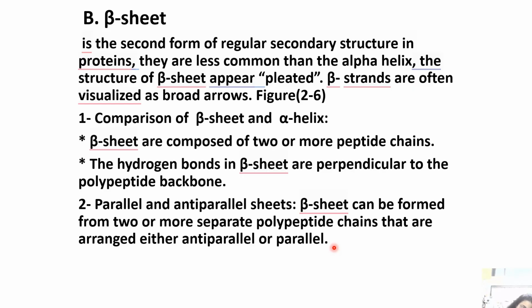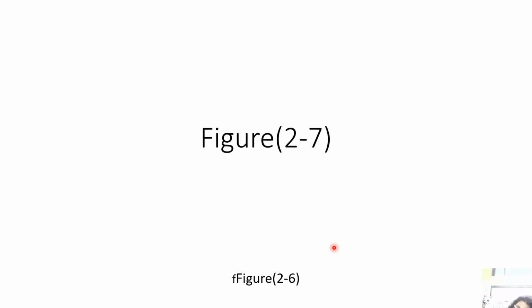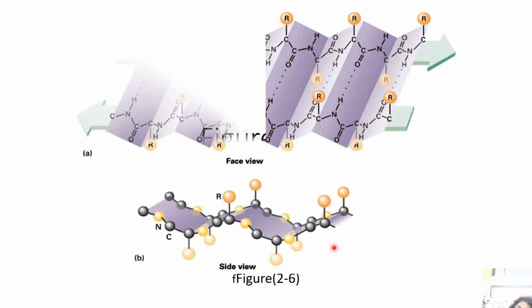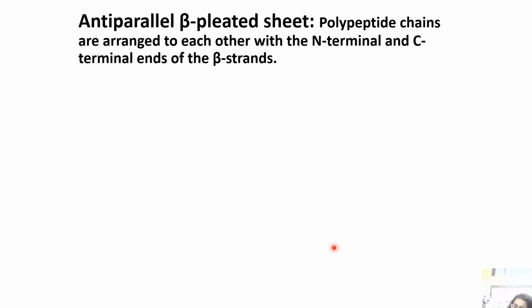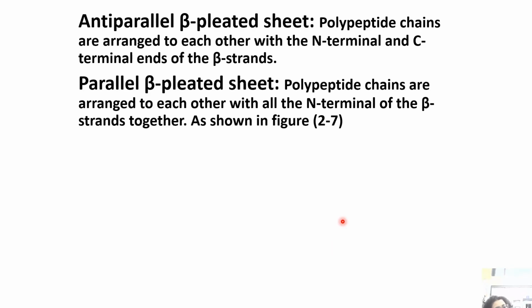Parallel and antiparallel sheets. A beta sheet can be formed from two or more separate polypeptide chains that are arranged either antiparallel or parallel. In an antiparallel beta sheet, polypeptide chains are arranged to each other with the N-terminal and C-terminal ends of the beta strands opposed. In a parallel beta sheet, polypeptide chains are arranged to each other with the N-terminal ends of the beta strands together.